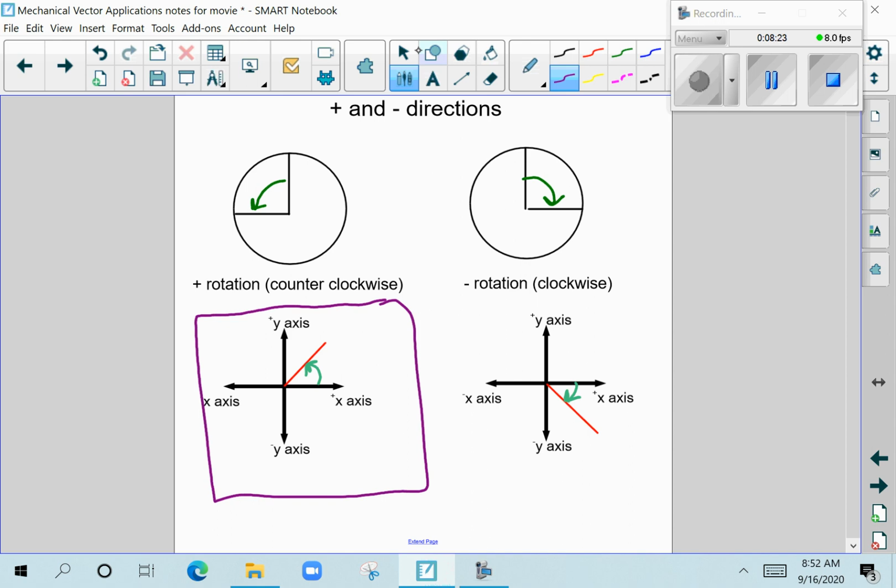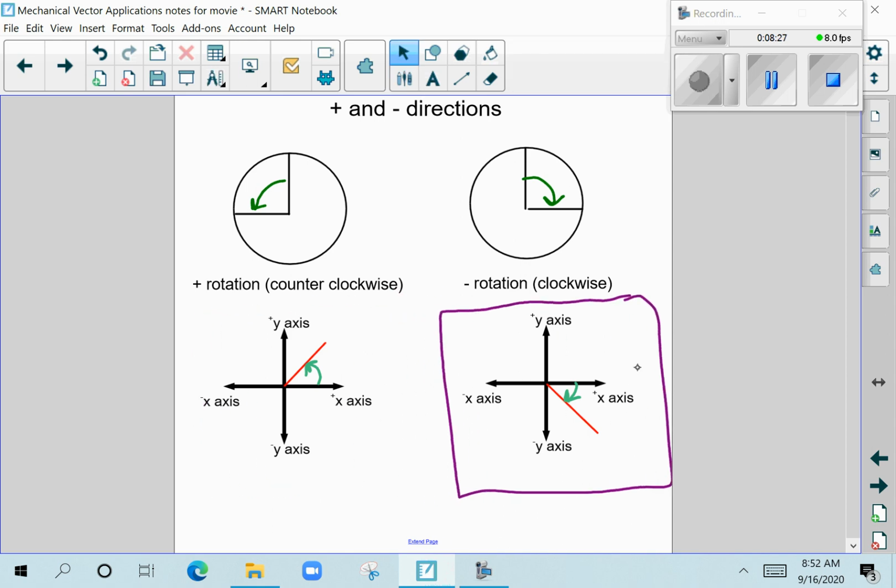However, if I'm viewing an angle that's going below the positive x-axis, we said that was a negative angle. Well, that's actually a clockwise rotation. So we're just expanding now this positive angle to a complete circle. So counterclockwise is positive, clockwise is negative.